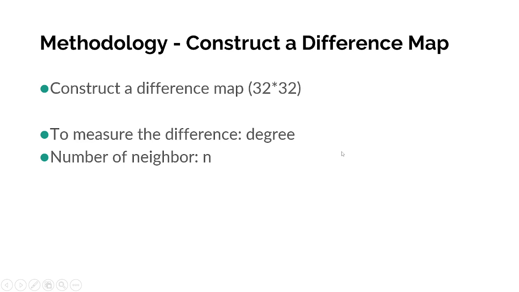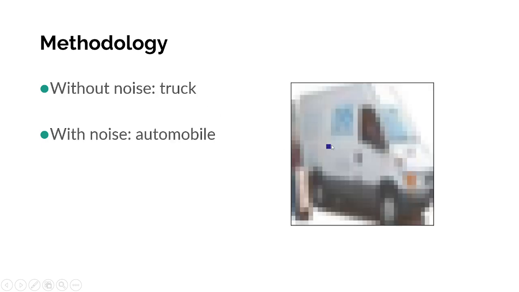So in this way, he tried to construct a difference map. And this name is just named by him. He just wants to find the difference among every pixel, like this pixel and this pixel, what is the difference in their RGB values.